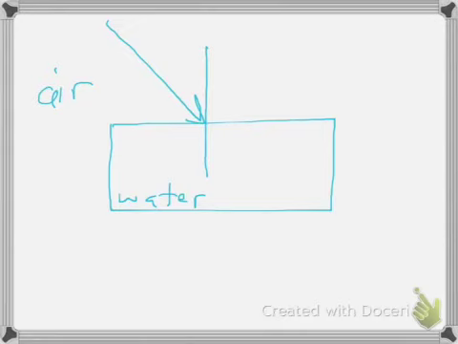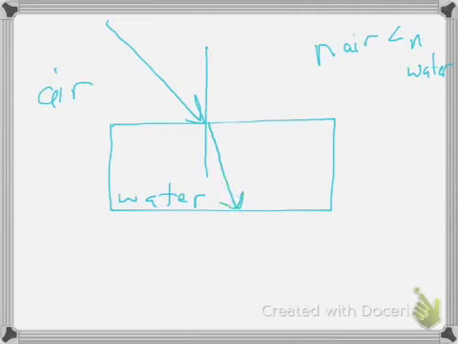So we know that n air is less than n water. And because of that, this ray of light is going to bend towards the normal as it transmits through this water.